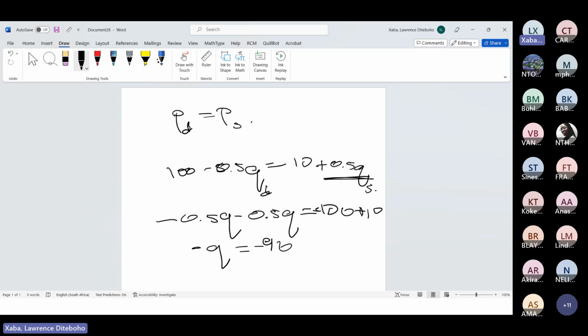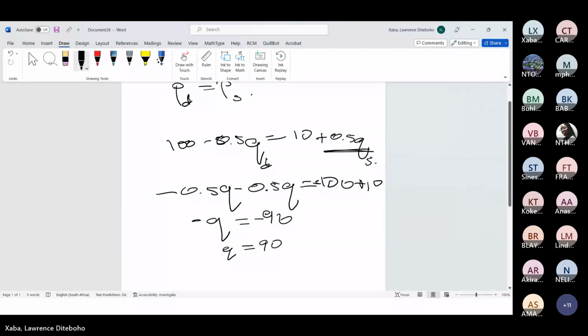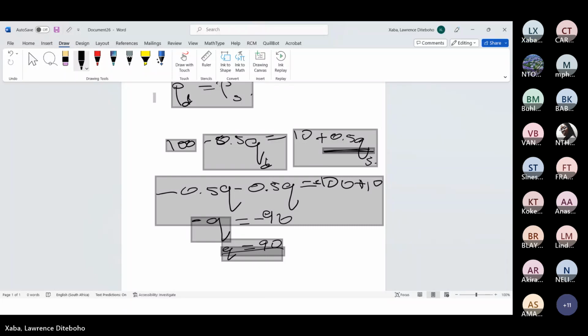Do you see that? Then we get rid of the negative, and we end up having Q equals 90. Yes, we see it. Our Q is 90.